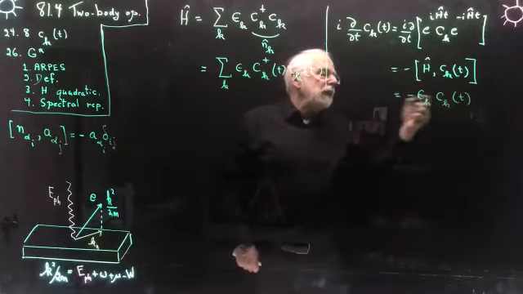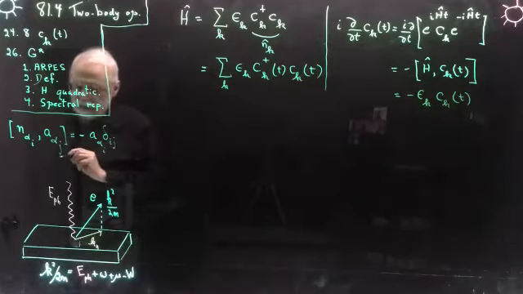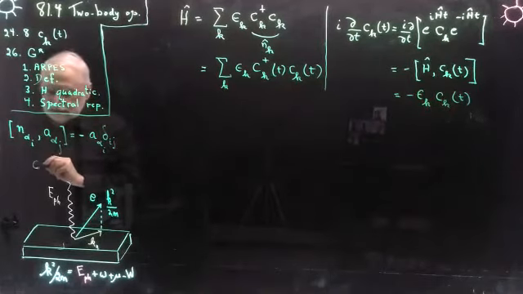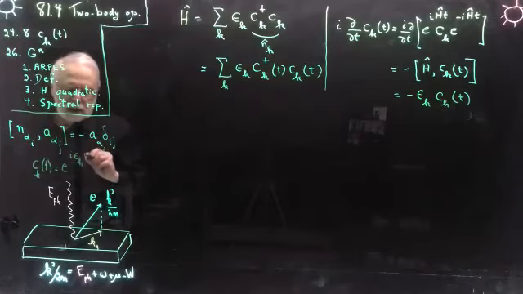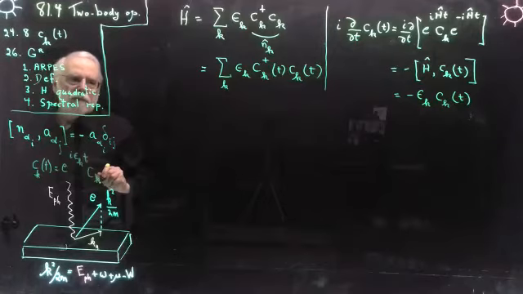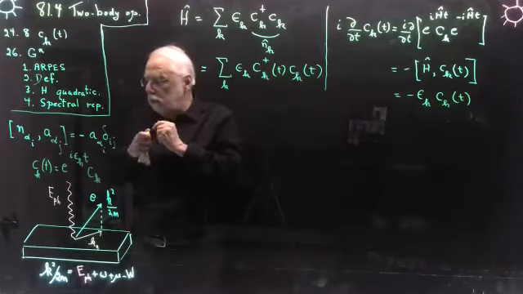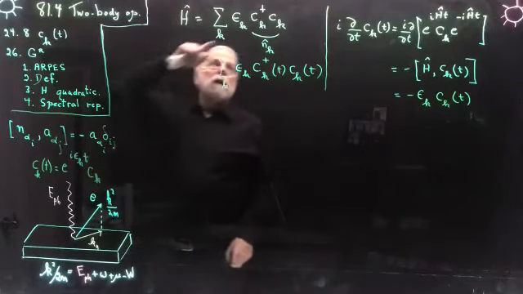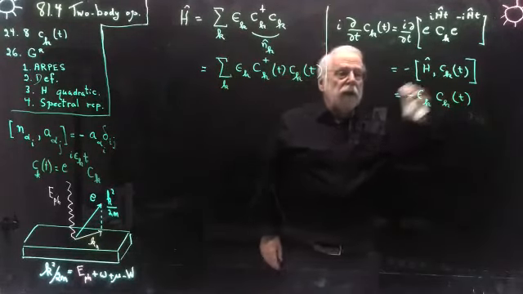So the solution of this equation is just that. I will write it here: ck of t is equal to e to the i epsilon k t times ck. This is the way to play with this. And this evolution operator is valid just because this is quadratic, right? If it was not quadratic, then I would have other terms.